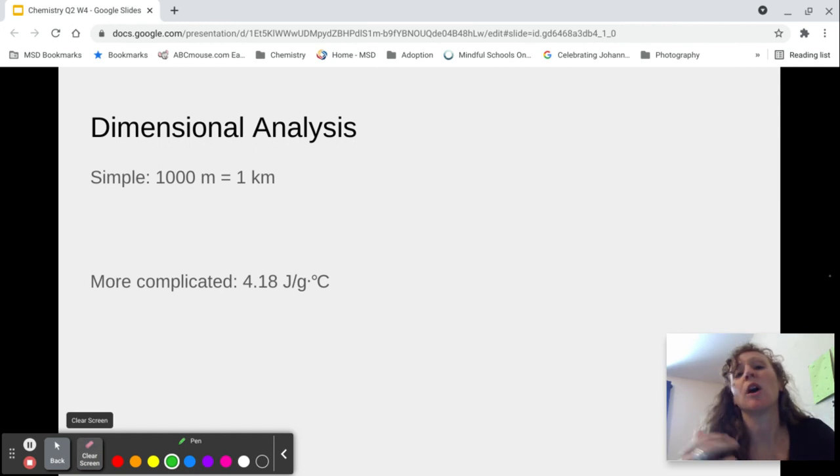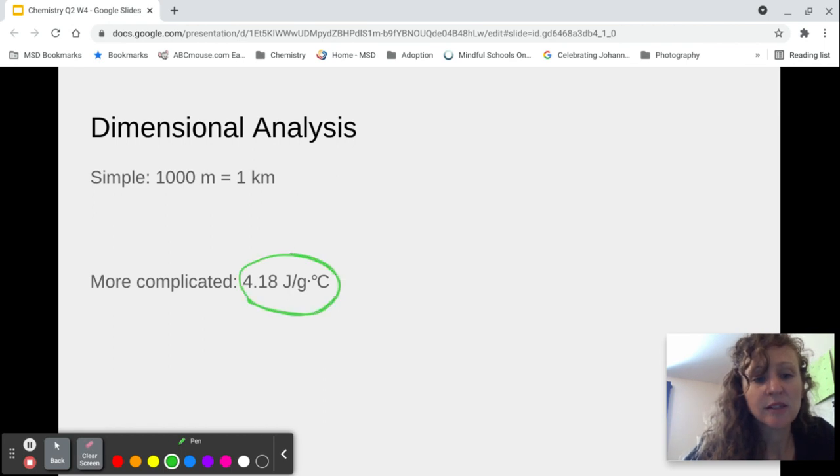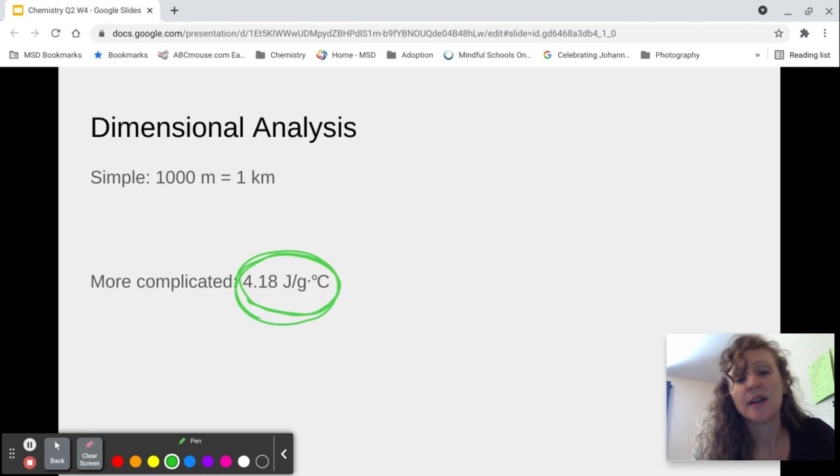Additionally, as you keep going in chemistry, using the units to solve for something that you want becomes extremely useful. And we see this in this example with specific heat here. This is the specific heat of water. And if I just know this one specific heat of water with all of the different units, I can find a ton of different stuff, right?